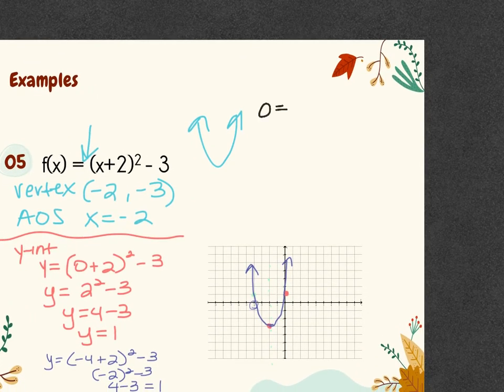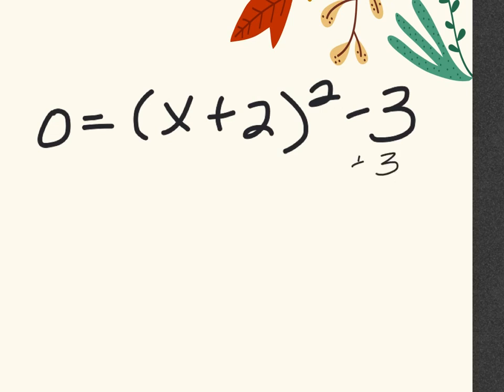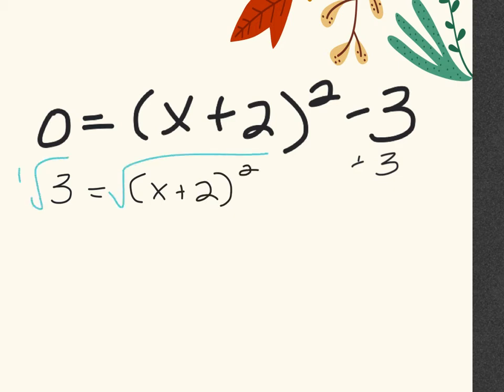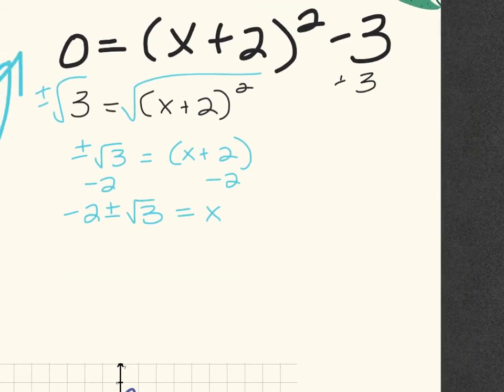It would say 0 equals (x plus 2) squared minus 3. I would add the 3 to the other side. I would square root, doing plus and minus. And then I would subtract the 2. And I'd get negative 2 plus and minus the square root of 3 as my x-intercepts.